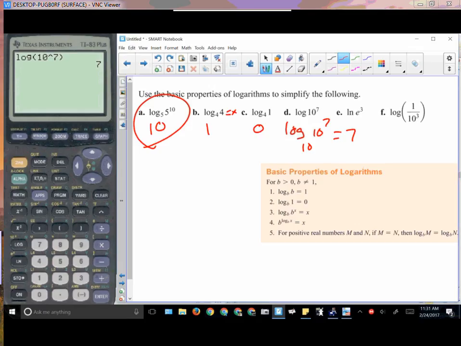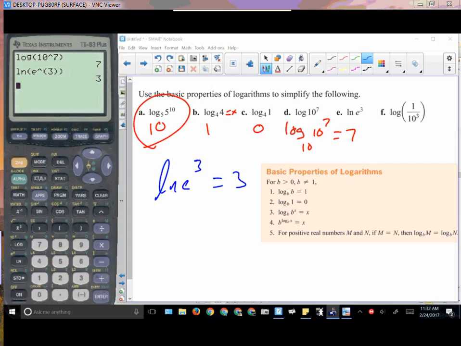Now, next one, ln e cubed. This is equal to 3. You'll notice that there's also an ln key on your calculator. If I go and hit ln, I hit second. Above that is e to the x, and I put in 3, close these, and I'm going to end up with 3.